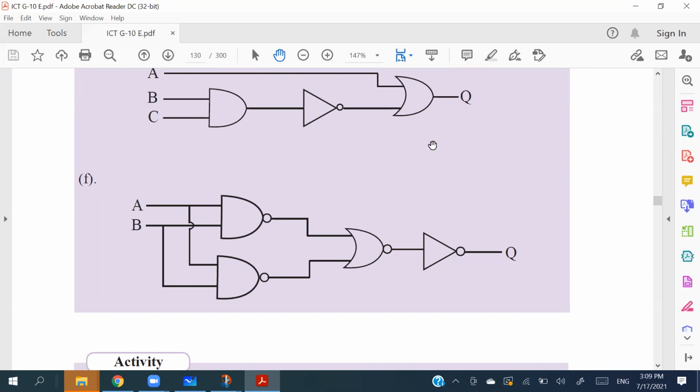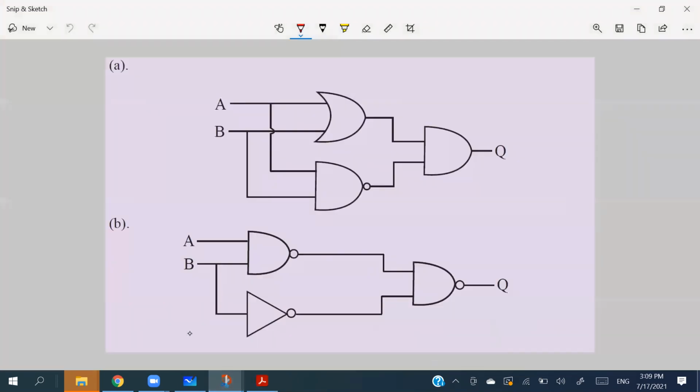Okay, so I'm going to show you how things are done. Right, here we go. The A is received here, B received here. So it is just A plus B. Again, A comes here and B comes here.